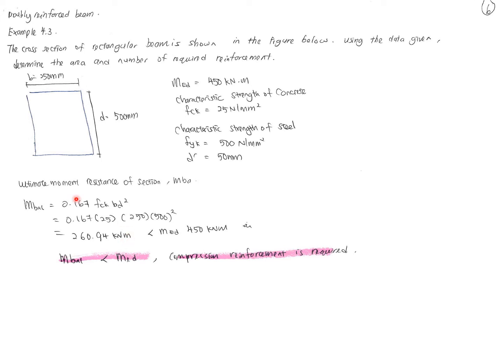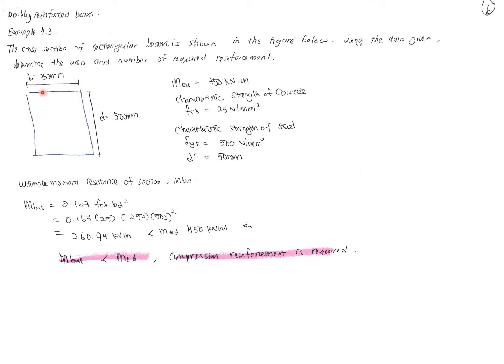So the ultimate moment resistance is less than MEd, smaller than the design moment. When the design moment is greater than M balance, you need compression reinforcement, meaning this section needs extra steel on the top here.